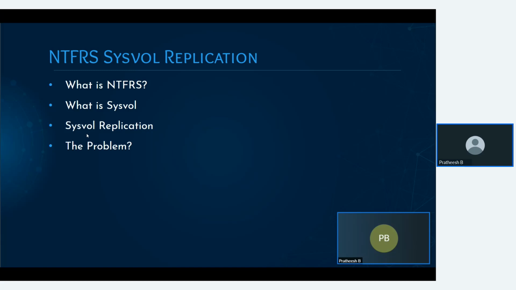Continued use of an old protocol is risky. Potentially, as said earlier, attackers can manipulate these NTFRS vulnerabilities to compromise sysvol and change GPOs or logon scripts to propagate malware.